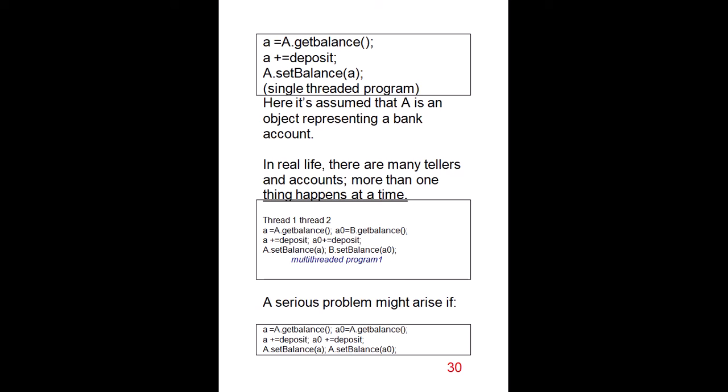Maybe thread 1 gets the balance on an account held in object A, and thread 2 gets the balance held in bank balance B, and a deposit is added to both, and the balance in A is set with its new value, and the balance in B is set with its new balance.